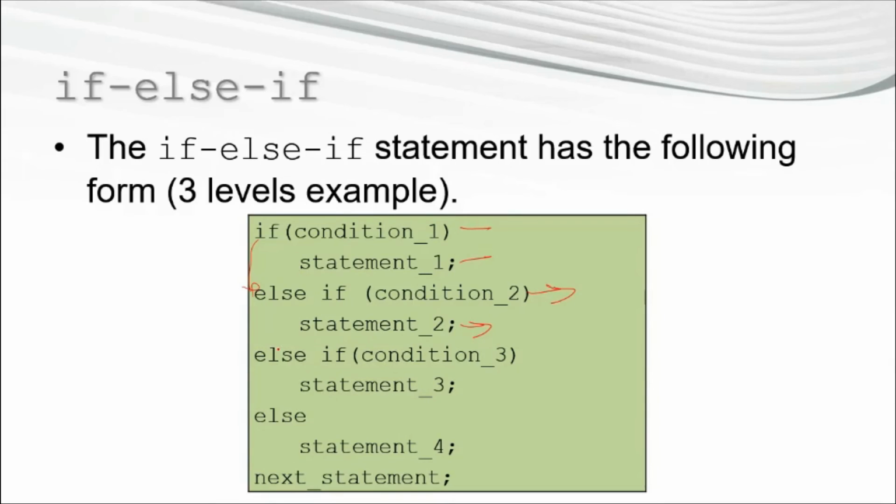Then again, if that one is also false, else if condition 3 is true, then statement 3 is executed. If this condition is also false, then we go to the else condition, that is statement 4.